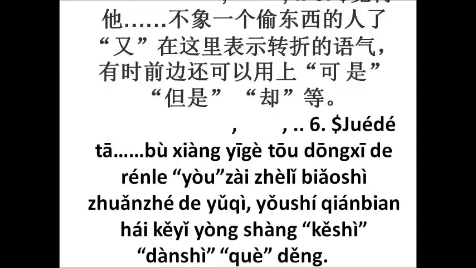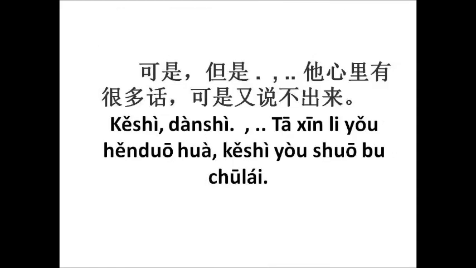Let us read some examples. 他心里有很多话，可是又说不出来。So he has a lot of things in his heart, but he can't speak them out. 他心里有很多话, he has a lot of things to say in his heart, 可是 but 说不出来 cannot speak them.